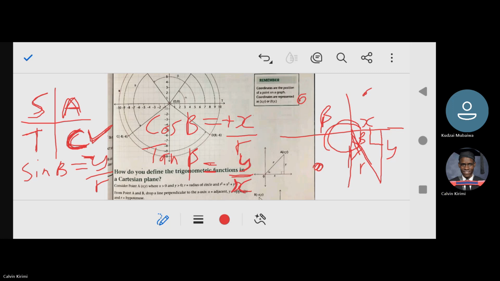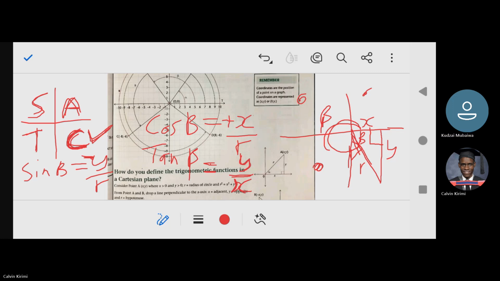Tan. Over X. So what is the answer? Is it Y over X or is it negative? It's Y over X. So is tan positive in that quadrant?